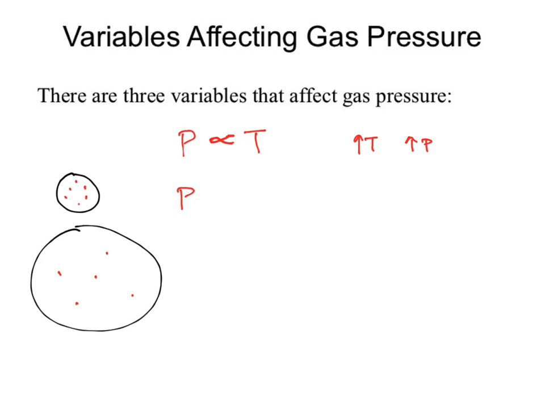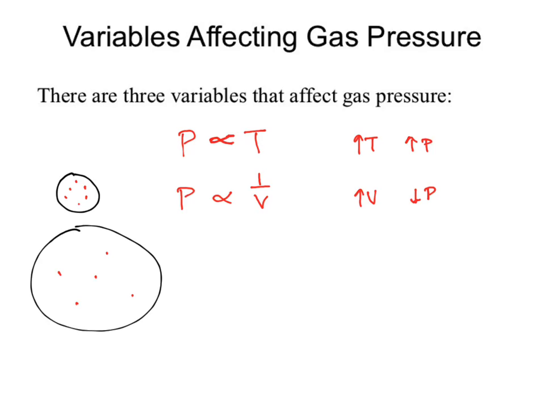It goes down. Less impacts means less pressure. Okay? Which means, if we look at our proportionality, these are inversely related. The bigger the volume, the smaller the pressure. So 1 over a large number is now a small number. Increase volume, decrease pressure.